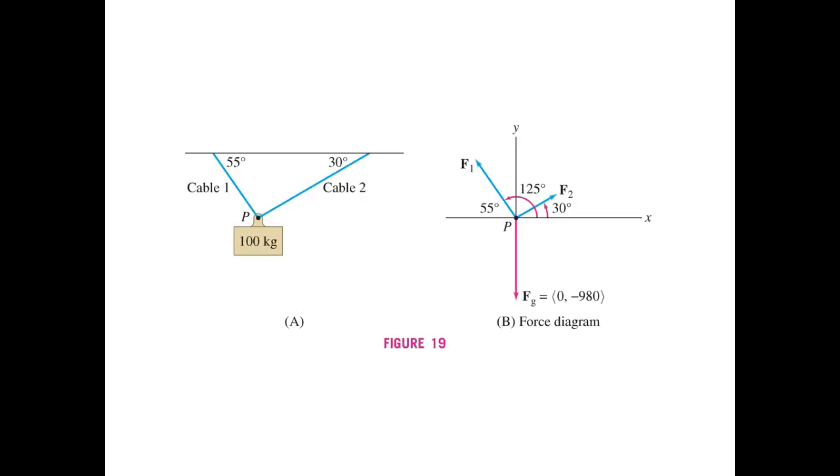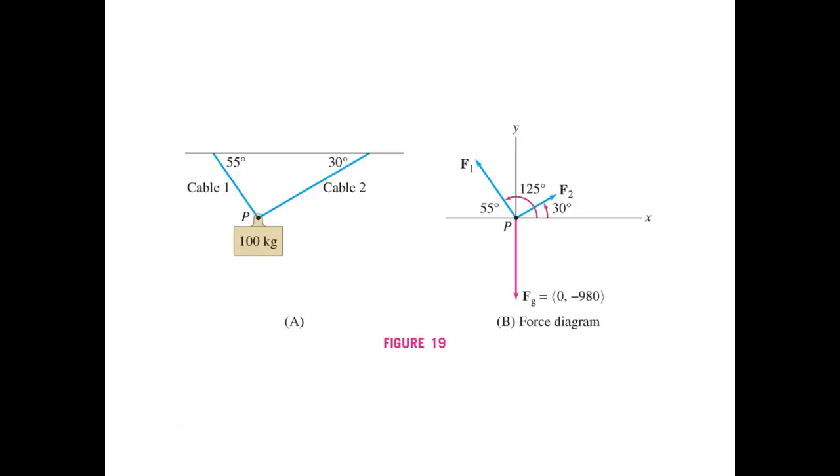You're hanging a 100 kilogram mass at that point, and it can't be sliding. These are fixed. Both of them are fixed length, cable 1, cable 2. If they were the same length, they would hang down directly in between. It's not. They're different lengths. Okay? So what they're asking for is the force on cable 1 and the force on cable 2. Okay, how in the world are we going to do that?